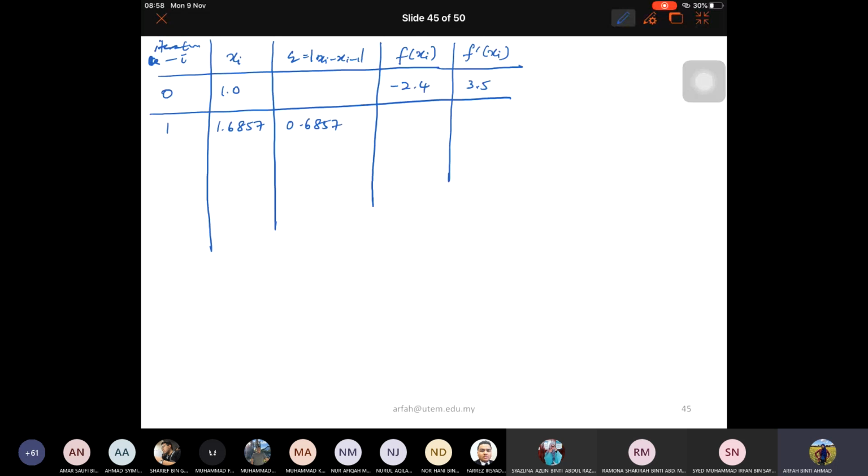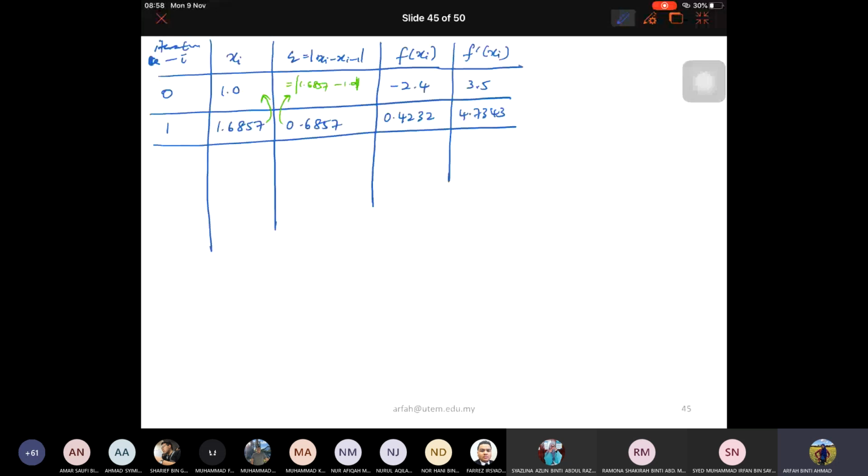Okay. Sama dengan modulus 1.6857 tolak 1. Itu yang awak dapat dia sama dengan 0.6857. Okay. So this is negative 2.4, 0.4232 dan juga 4.7343.